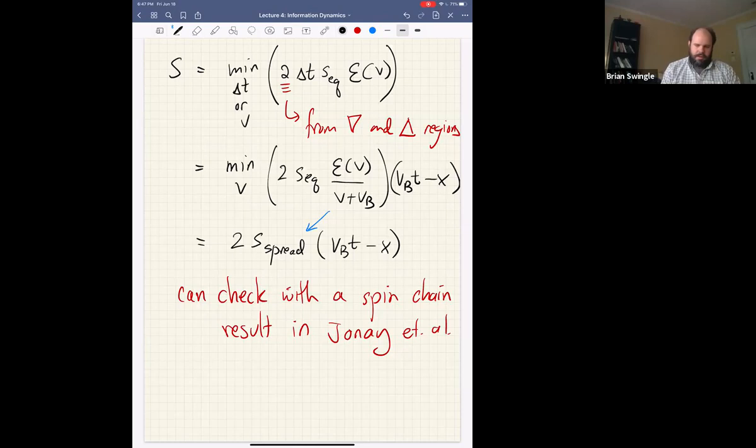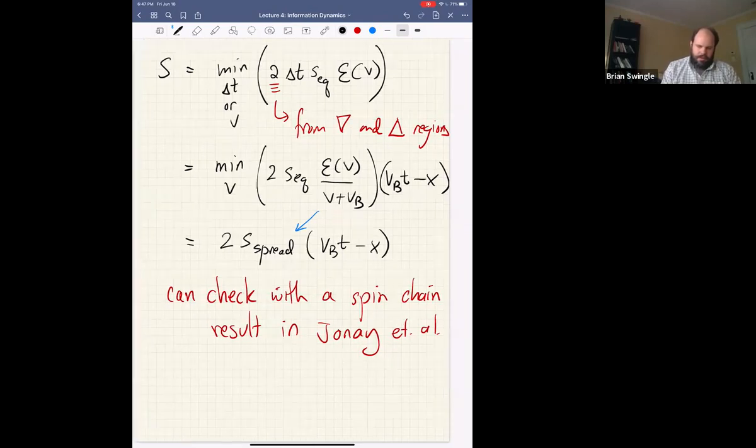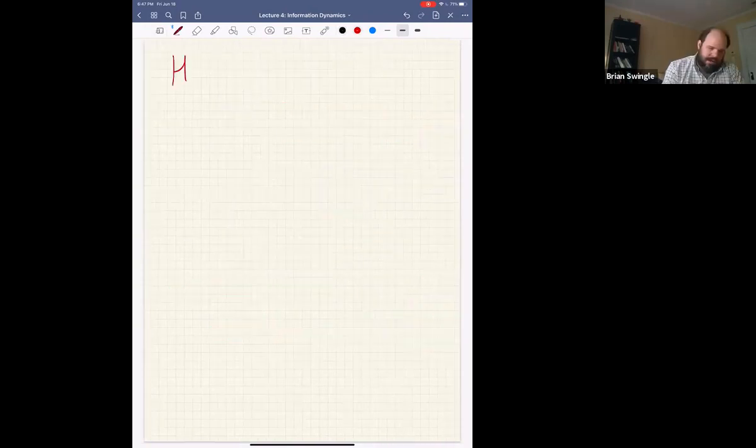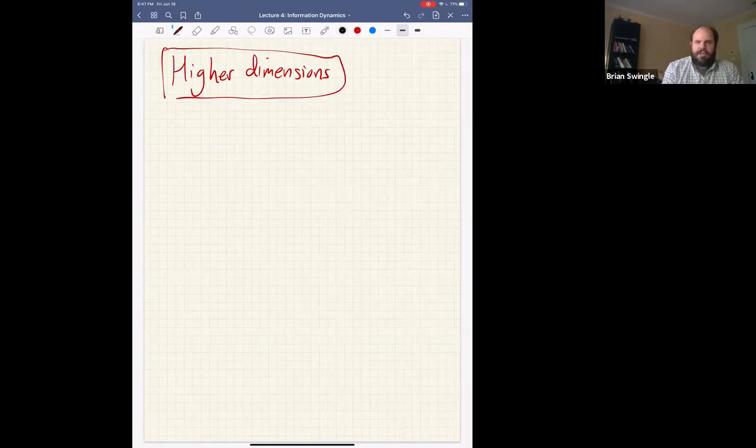I want to make one final comment, which is about higher dimensions. You can, of course, imagine many elaborations on the basic story, but the simplest extension is to think now not about a square, but about a cube.